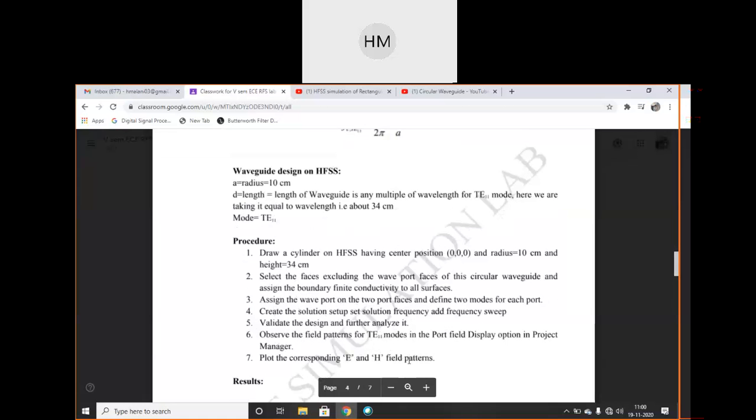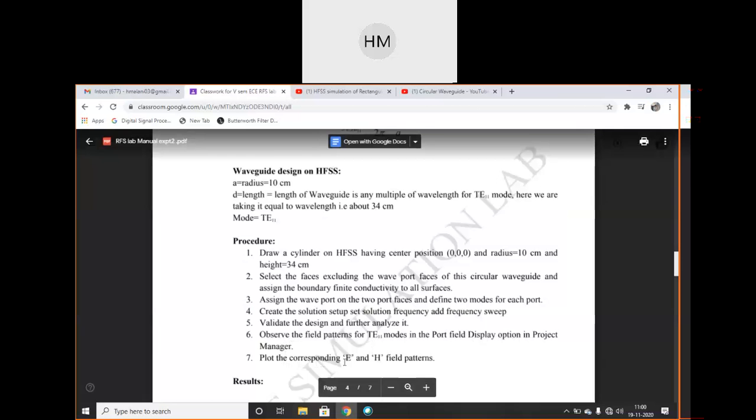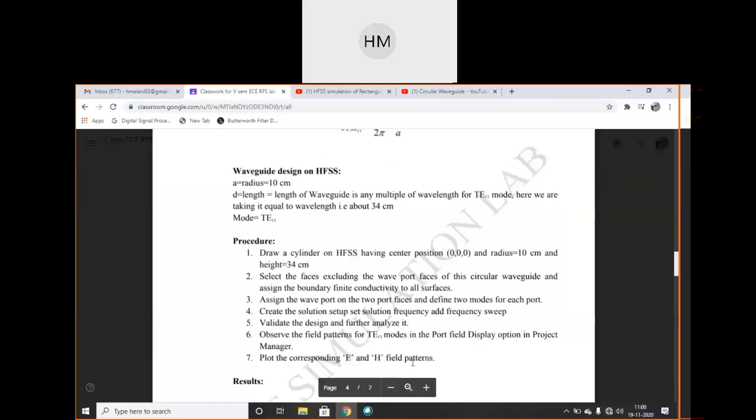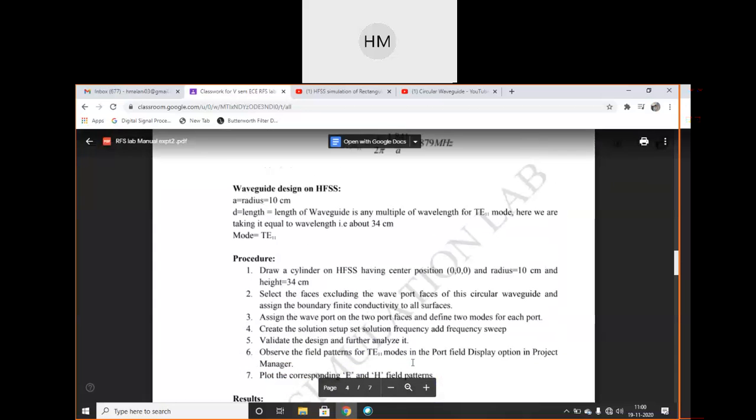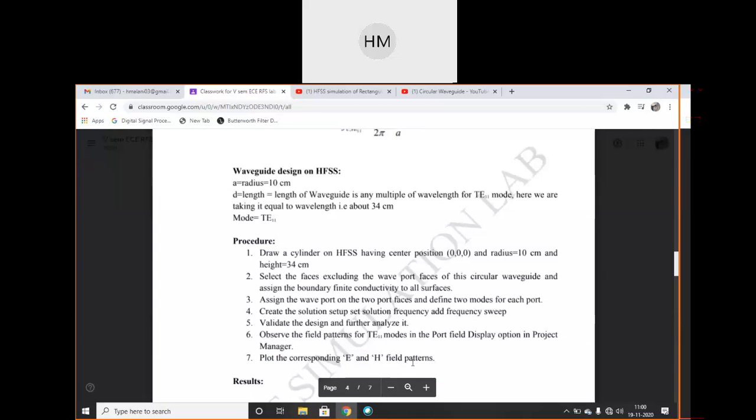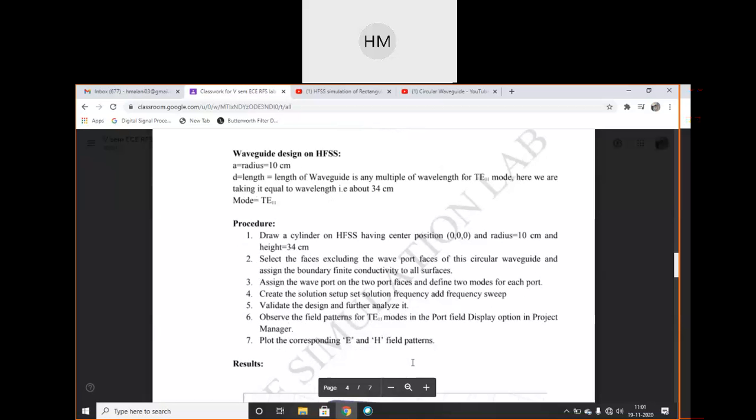One after another, we need to know what the next step is. Observe the field pattern for TE11 modes in the port field display option in project manager. Plot the corresponding E and H field patterns. So these steps you have to follow. If you are using your computer or laptop, open your HFSS software, start designing, follow these steps, and I am there to help you while designing.